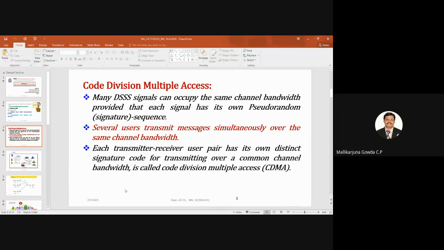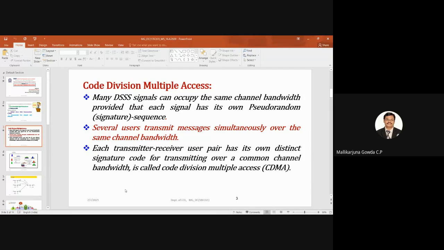Here, multiple users can use the same frequency and same time slot, but each of them will be using a different code. So they will be able to communicate simultaneously with the same frequency, with the same time period by using different codes. That is known as code division multiple access.